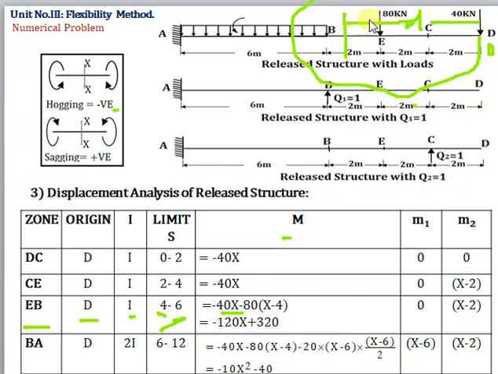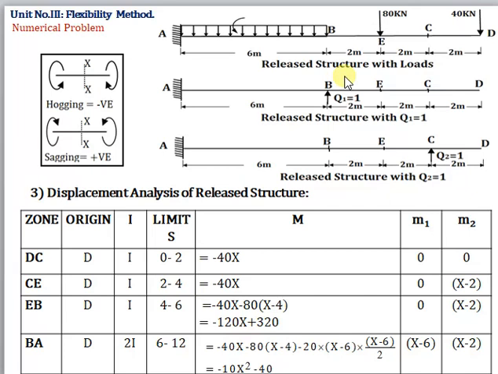So what is the lever arm for 80 kilonewton? It is x minus 4. This lever arm is x minus 4 into 80, and it will rotate in which sense? It will rotate in clockwise sense. Therefore minus 80 into x minus 4. By simplifying, we have minus 120x plus 320. Now next diagram, Q1 is equal to 1.